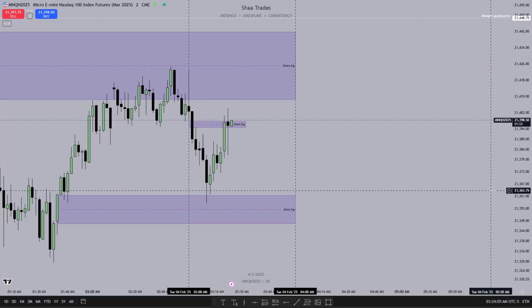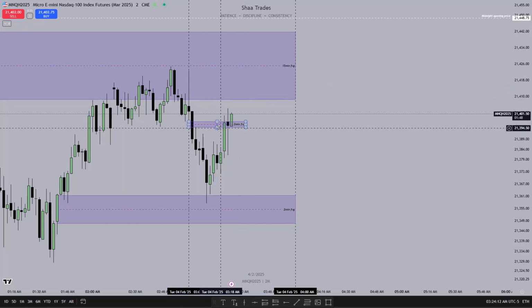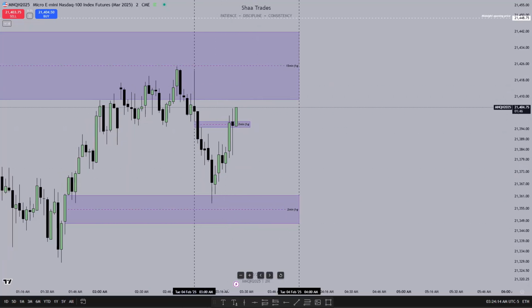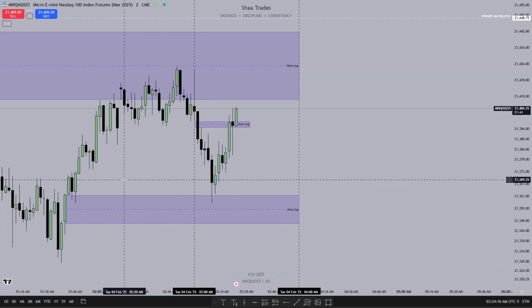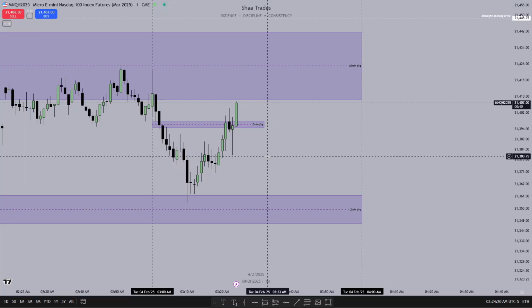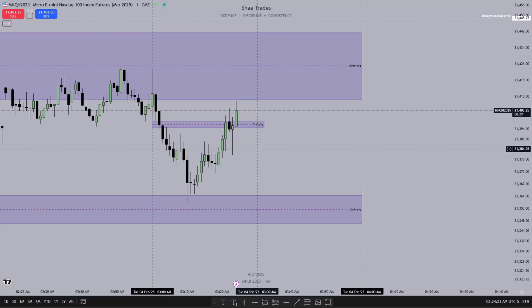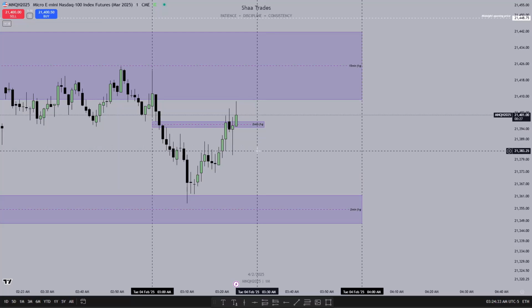I want a closure outside of this, and then I'll look to go long. Stop loss placement. Okay.